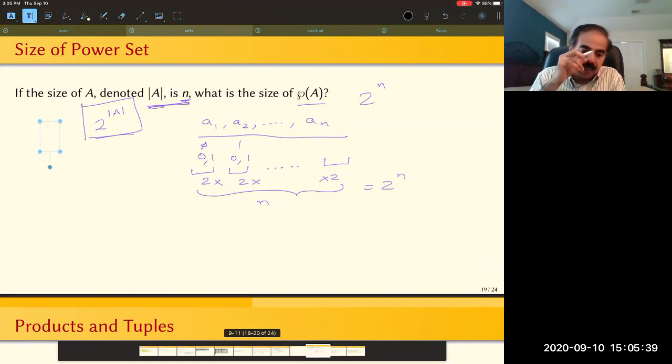We will revisit this question again after covering some more material, because there is a more systematic way of thinking about sizes of sets and sizes of power sets and so on, and we'll get back to that at that point.